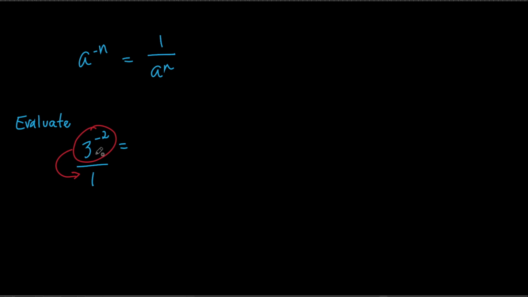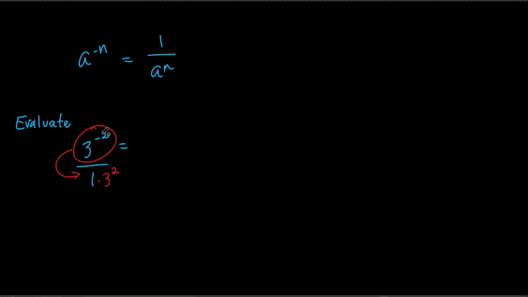And when I flip it to the bottom, I got to change something. I can't just flip it to the bottom and expect it to stay the same. I change the exponent from a negative exponent to a positive exponent. See what I do? If you have a negative exponent, you just flip it. And then you got to change the sign of the exponent. It's as easy as that.